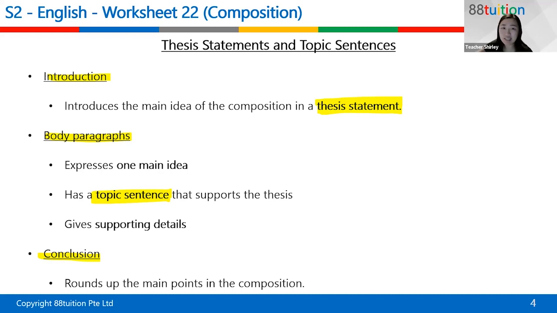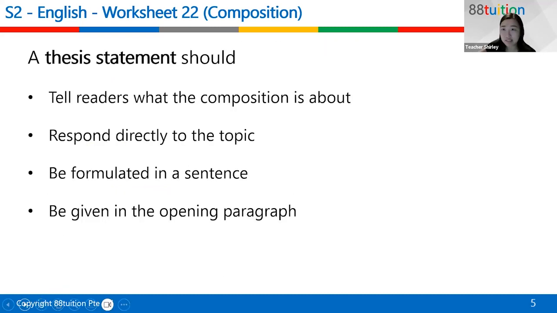So basically, the thesis statement in the introductory paragraph, which is the first paragraph, tells us what the composition is about. It responds directly to the topic because you will be given a topic. A lot of times you realize that it is actually answering directly to your topic. It will be formulated in a sentence.